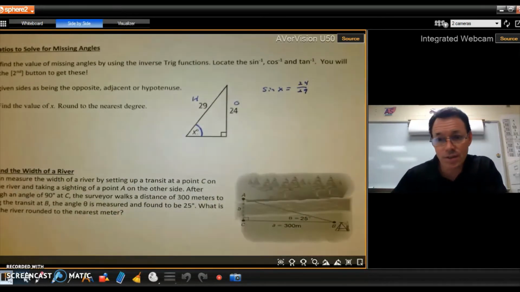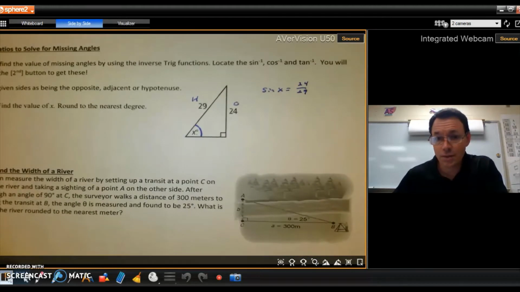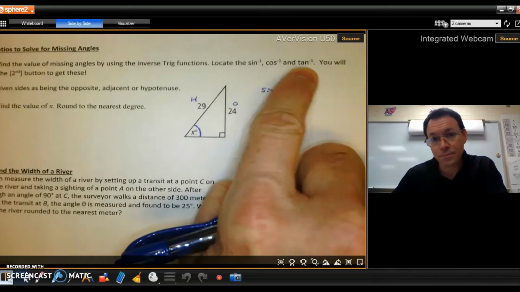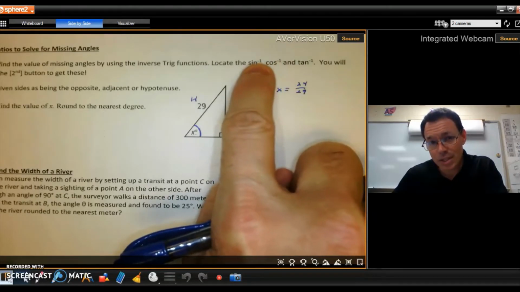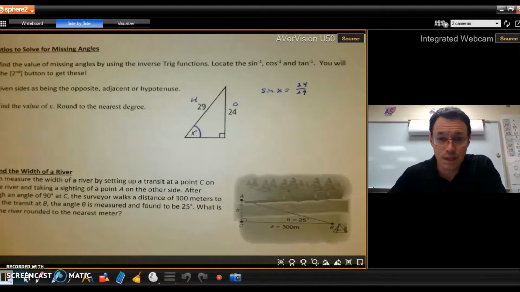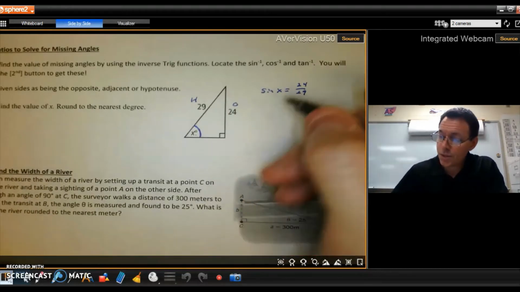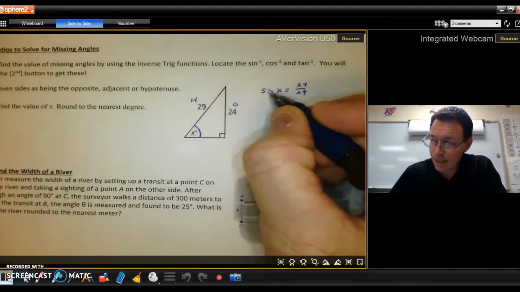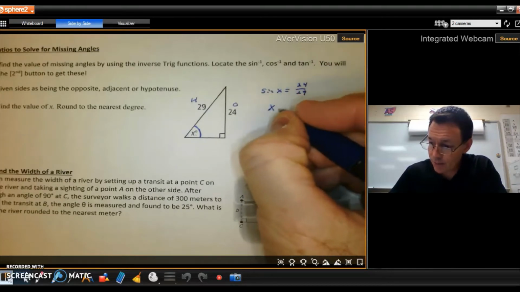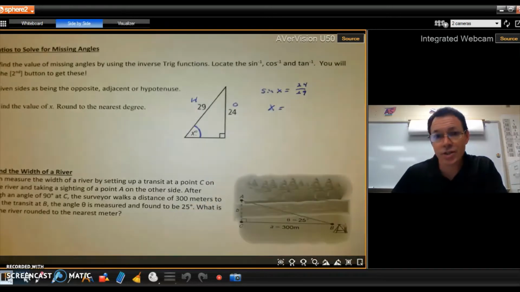The trig functions have inverses. They are simply called the inverse sine, the inverse cosine, and the inverse tangent. And the only way you can tell is this little -1 exponent that's up there. That's what this means. It means the inverse sine. So if I take sine and move it to the other side, since I'm trying to solve for x, my function is going to change into its inverse.